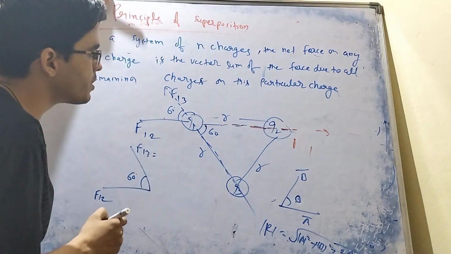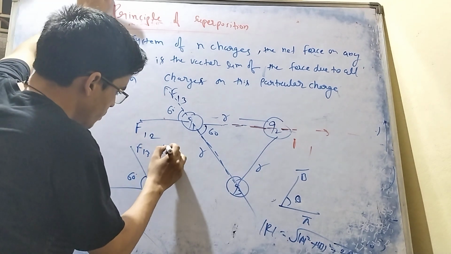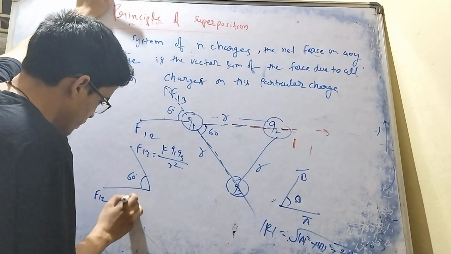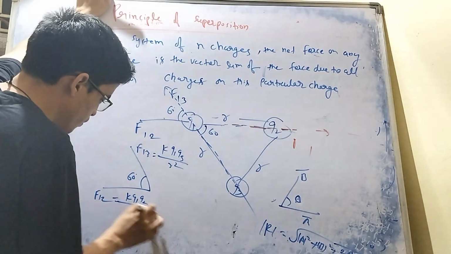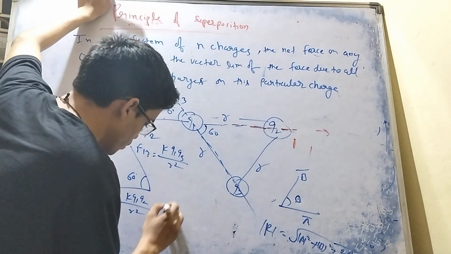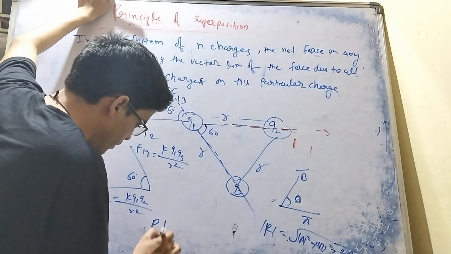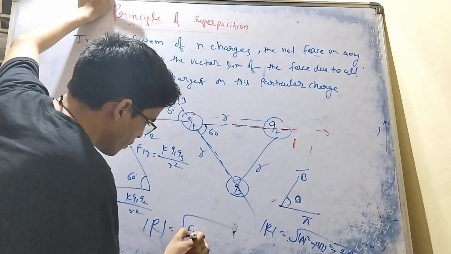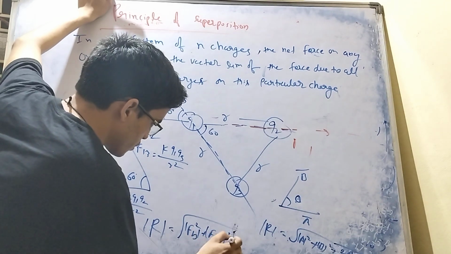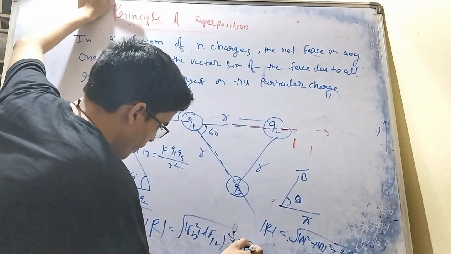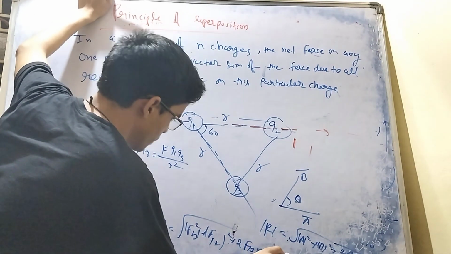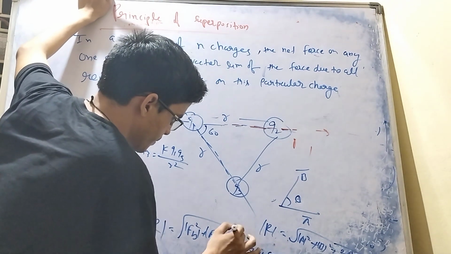First tell me what is F13. You can tell me, sir, this will be K Q1 Q3 by R square. And this is K Q1 Q2 by R square. So the resultant vector will equal the square root of F13 square plus F12 square plus 2 F13 F12 cos 60 degrees.